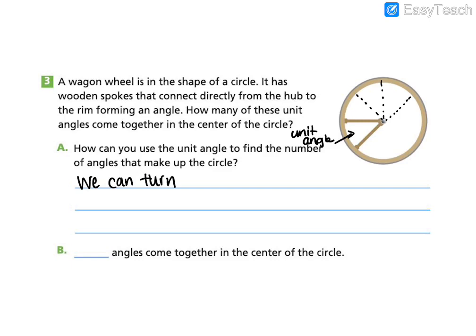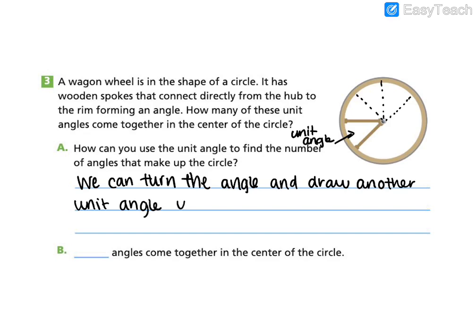So really what we're doing is we can turn the angle and draw another unit angle until we filled the circle.